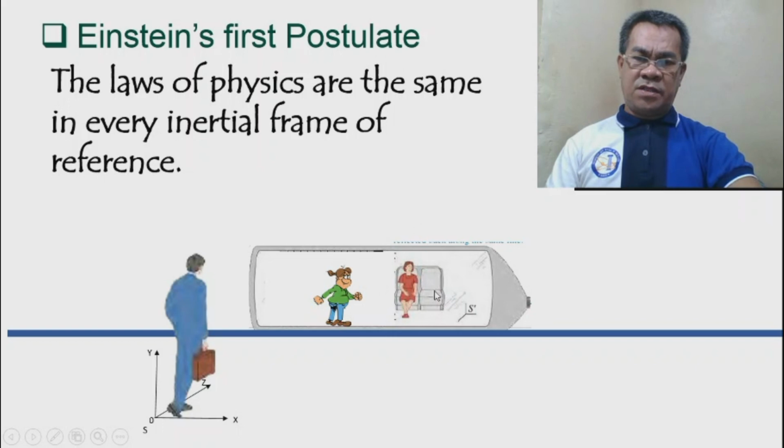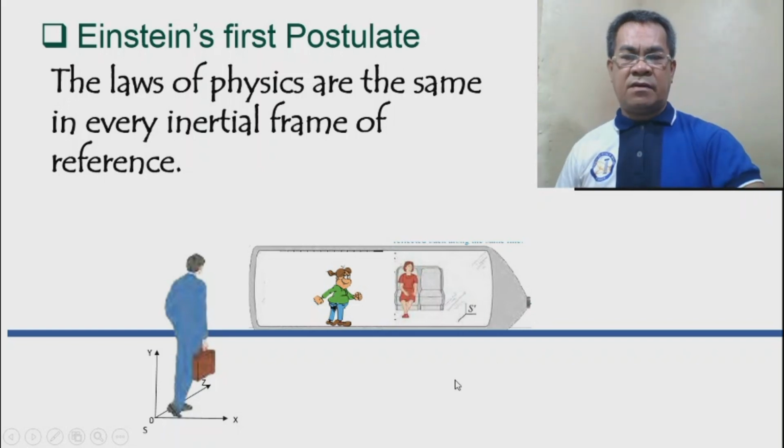Suppose we have this activity wherein we have two observers, one observer on the S frame, and another observer on the S prime frame of reference. These are all inertial.